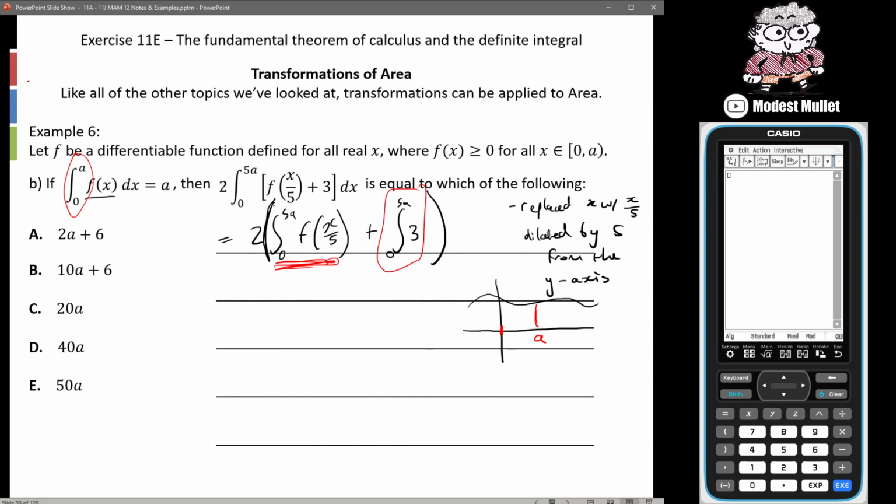That shape has been changed, so let's actually give some sense to scale. That line has been dilated by 5. So if our line has been stretched by 5, our area is essentially times by 5 as well. Cool. So our area is increased by 5.